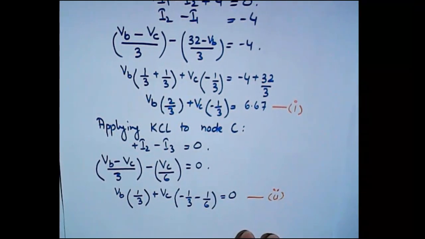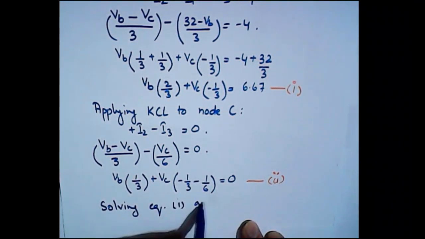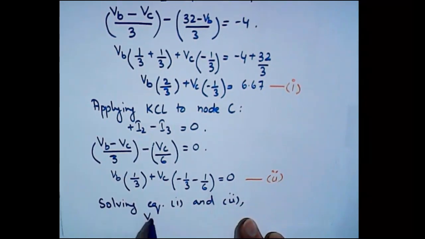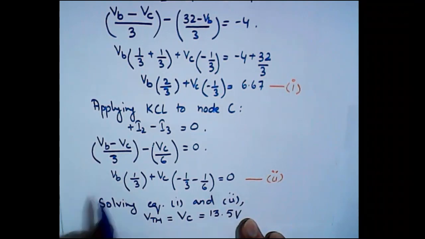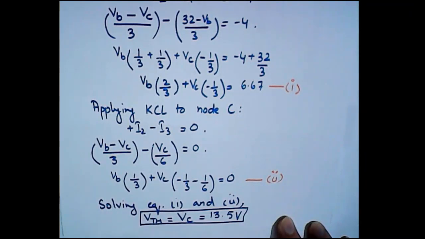Vthevenin is equal to Vc is equal to almost 13.5 volts, right? So I hope that you people do not have any confusion in this.